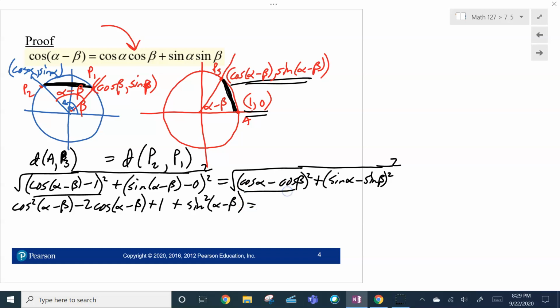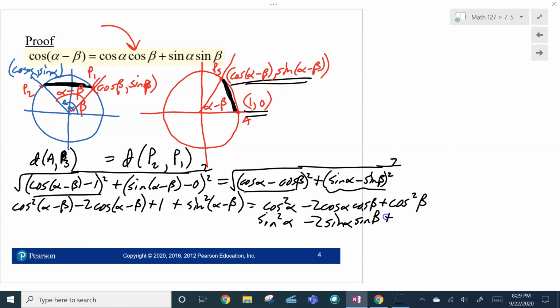Now I'm going to FOIL this one. So I got cosine squared alpha minus 2 cosine alpha cosine beta plus cosine squared beta. And then let me do this one down below it. FOIL that. So I got sine squared alpha minus 2 sine alpha sine beta plus sine squared beta.